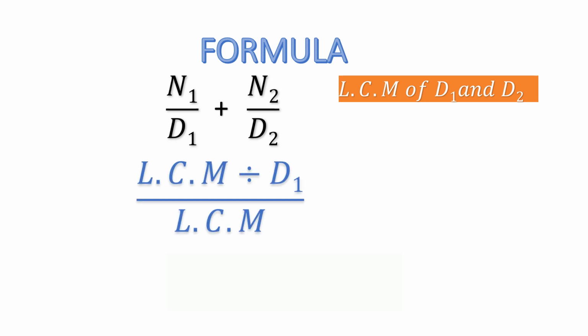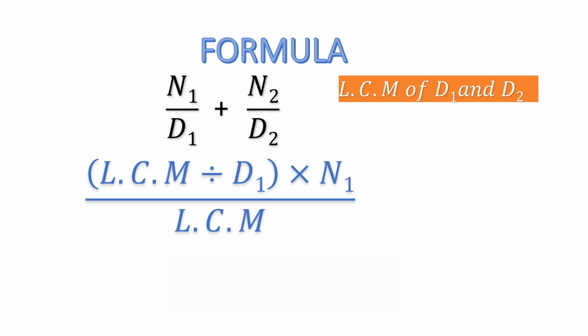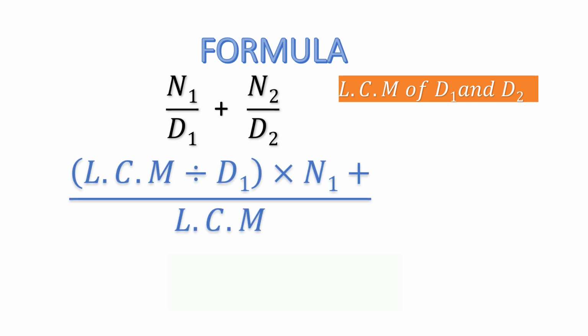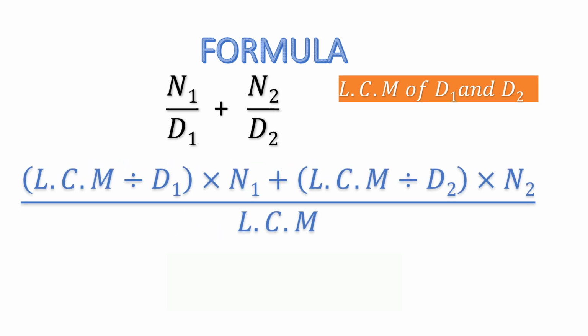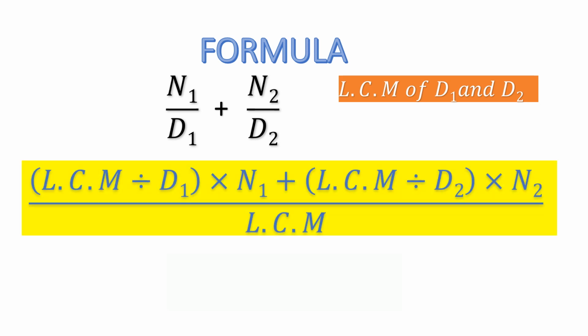Next step, we will do LCM divided by d1. After that, whatever the answer is, we will multiply that with n1. Then since we have an addition here, we will give a plus sign. Same thing, LCM divided by d2 multiplied by n2 this time. So this is our formula for the addition or subtraction of unlike fractions.